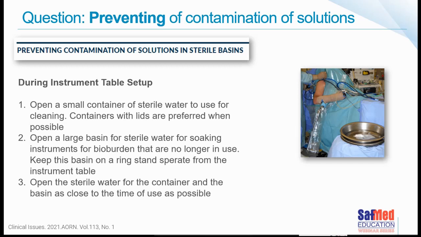That's an important point. No longer in use, and that basin is kept on a ring stand separate from the instrument table. So that is something we currently all do. Open the sterile water for the container and for the basin as close as possible to the time of use. That's logical.